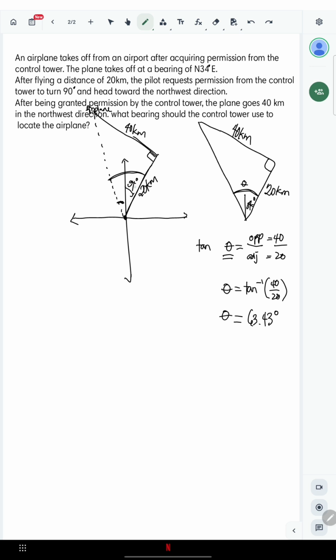Okay? So ano po ang gagawin ko? Since I already have 34 degrees, so you just need to subtract 63.43 degrees minus 34 will give you an answer of 29.43 degrees. But that 29.43 degrees is what bearing? West of north. Very good.